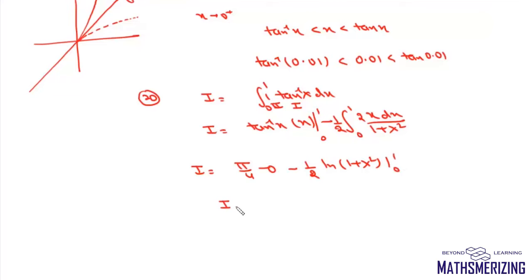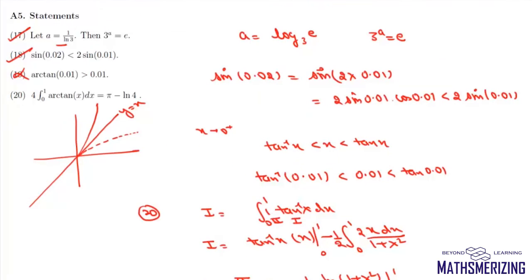So this integral will be pi by 4 minus 1 by 2 log 2. Now we multiply everything with 4. We can write 4 times this integral, and this is pi minus 2 log 2, which is pi minus log 4. That means the statement 20 is also correct.